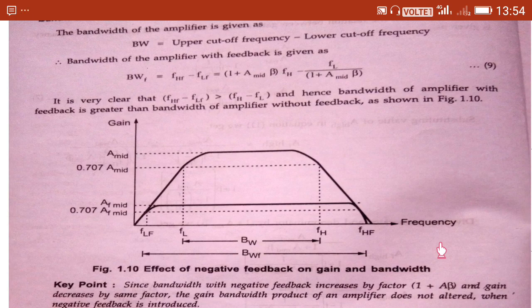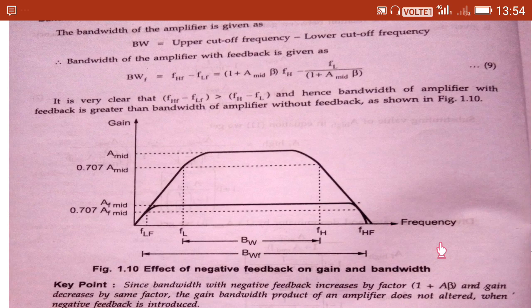And then again it is decreasing. Okay, the constant gain is basically known as A mid, because it is basically gain for the mid frequency region.